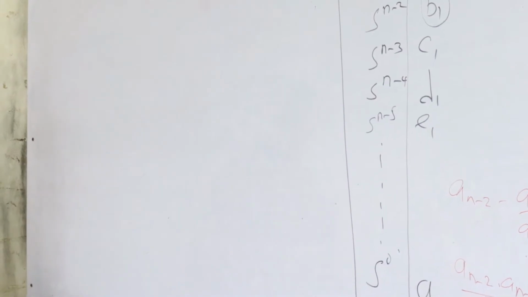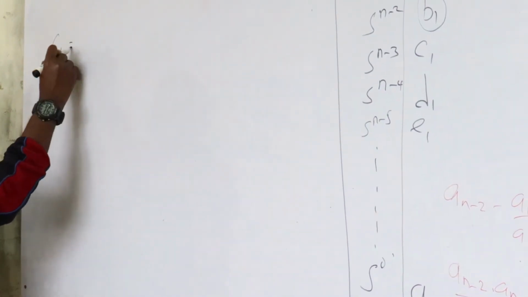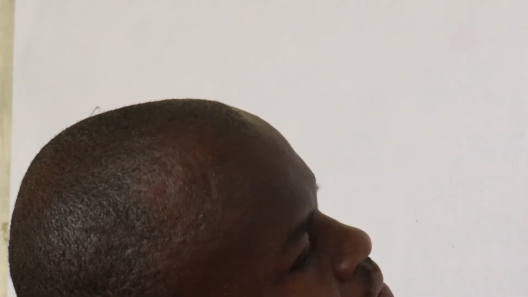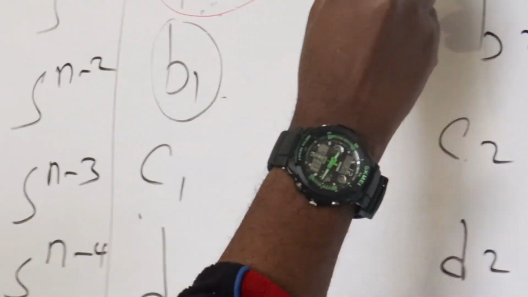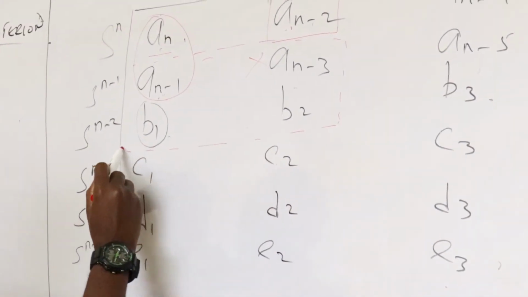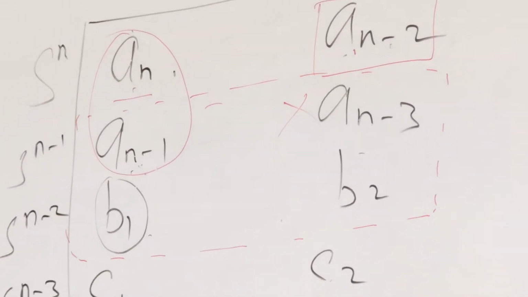We can start with C1. C1 is here. So we are saying B1 times, so we are going to use this. In that case, we are going to use this 4. Are we together? Is that true?